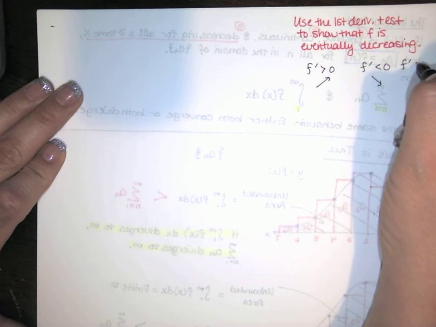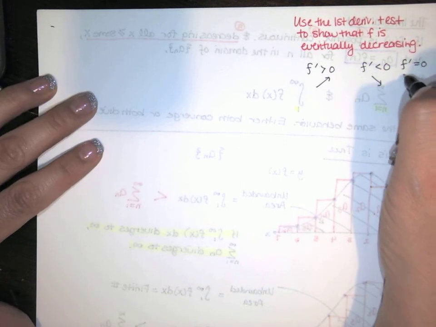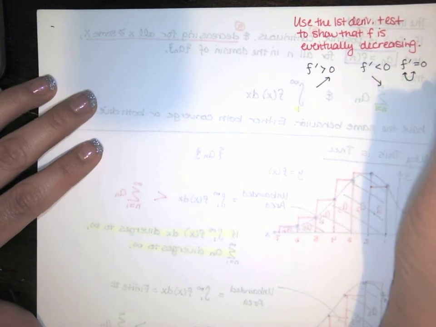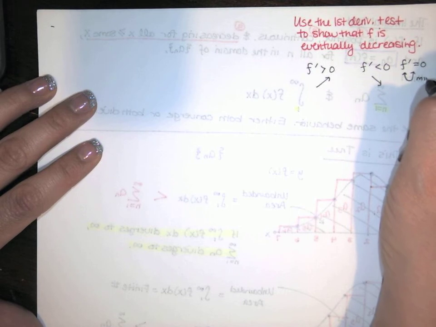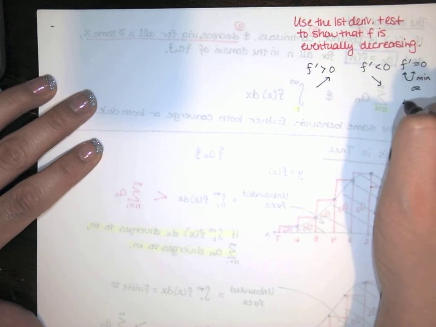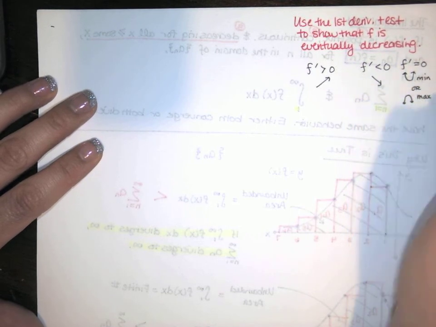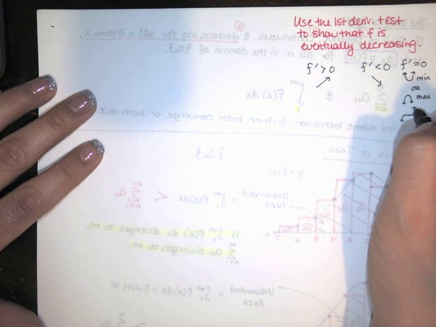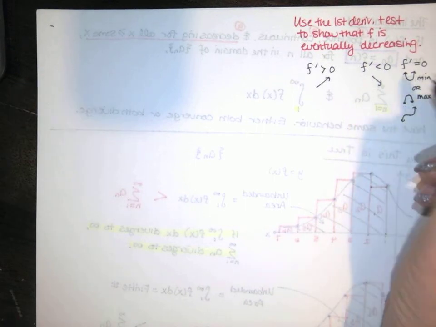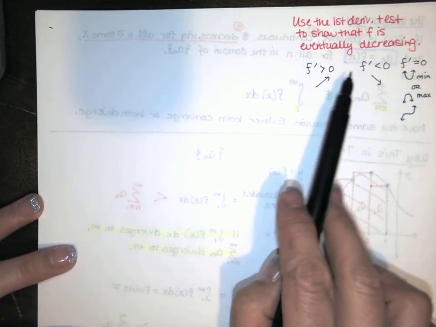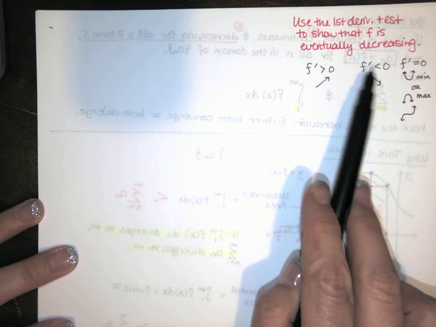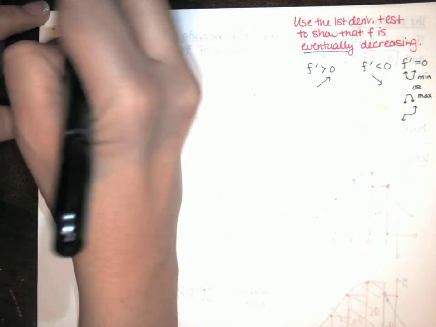If f prime is 0, you're either at a min or a max, or maybe a flat spot. So we're looking for the function to be decreasing, so we need f prime to be negative eventually on that last interval. So in order to use the first derivative test, the first thing we do is we compute f prime.